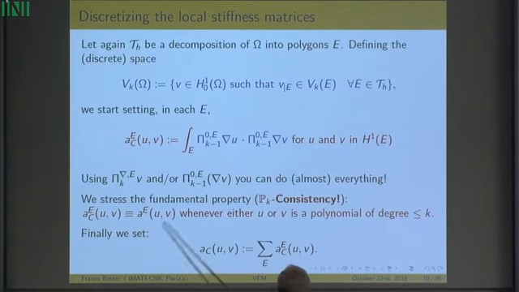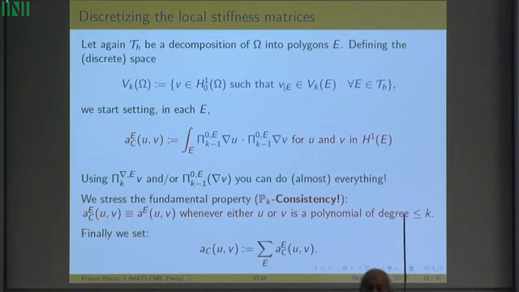It will be exactly like applying to the two guys whenever one of the two is a polynomial of degree k. So in a sense, if one of the two entries, either U or V, symmetric, is a polynomial of degree k, when you do this, you don't make any mistake.